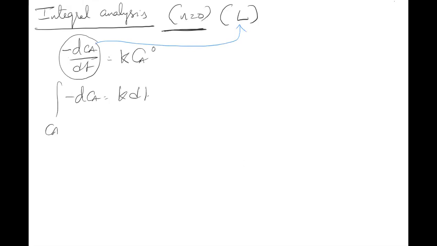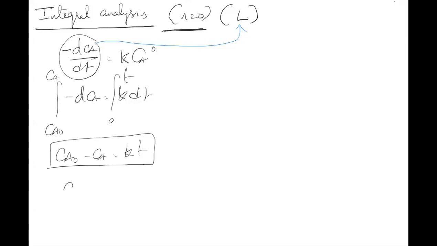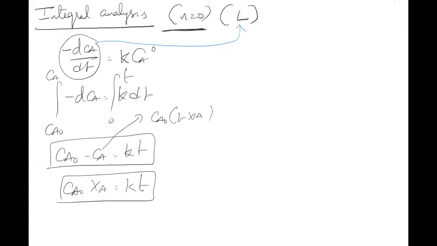Integrating CA naught to CA from 0 to t, CA naught minus CA equals k into t. In terms of conversion, CA naught into XA equals k into t.